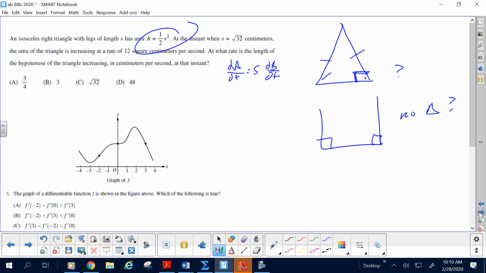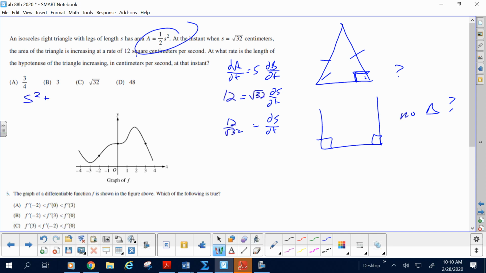I think you'll agree that the area is given, yeah? And you know the side is root 32, but that only gives you the length of a side, and ds dt is the rate of change of the side. So how do I get the rate at which the hypotenuse changes? Another relationship.